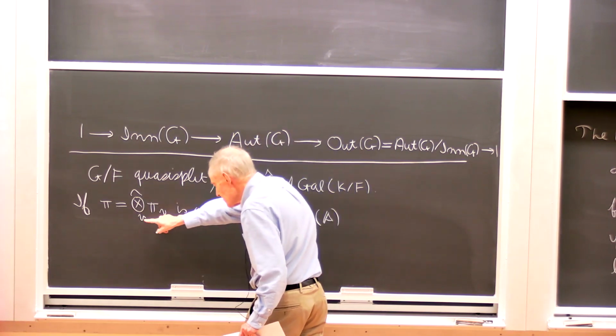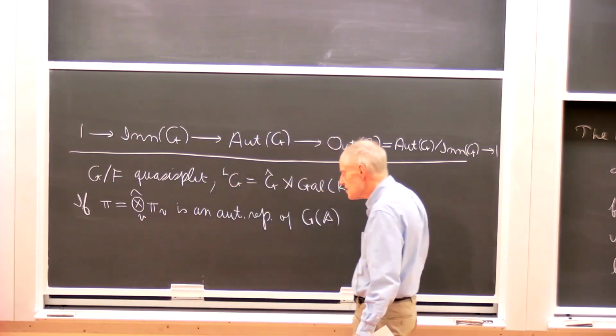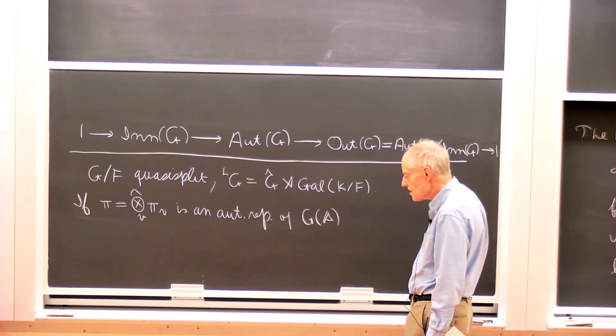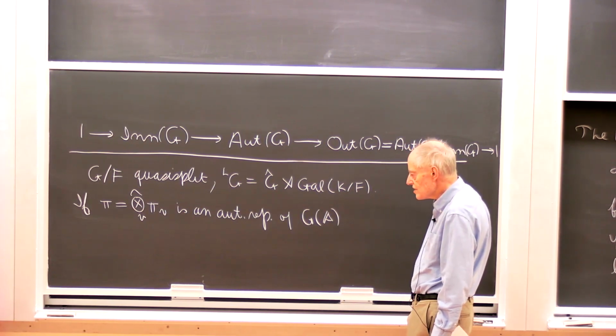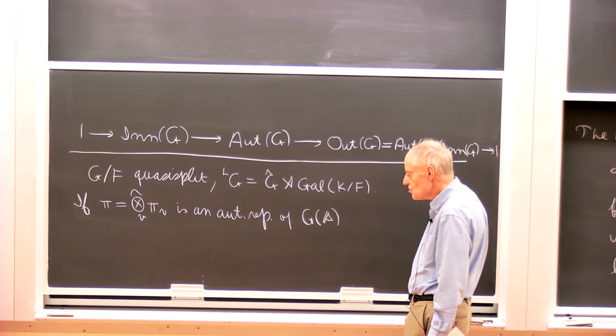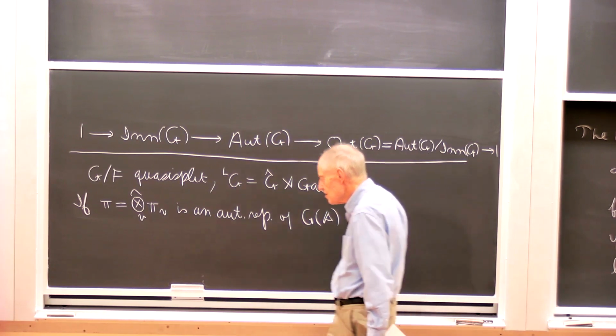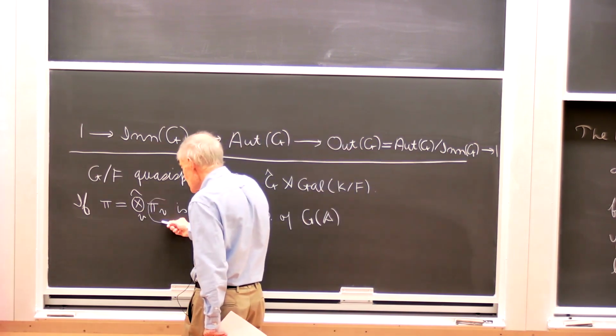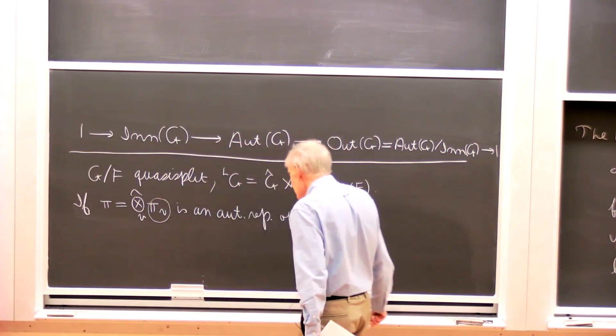First of all, the theorem of Flath, which I mentioned last time, says that it breaks into a restricted direct product of representations over the local fields. And you have the notion of a representation π_v being unramified.